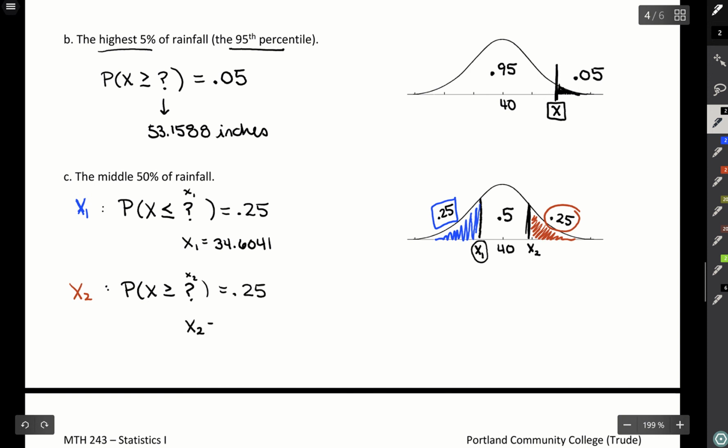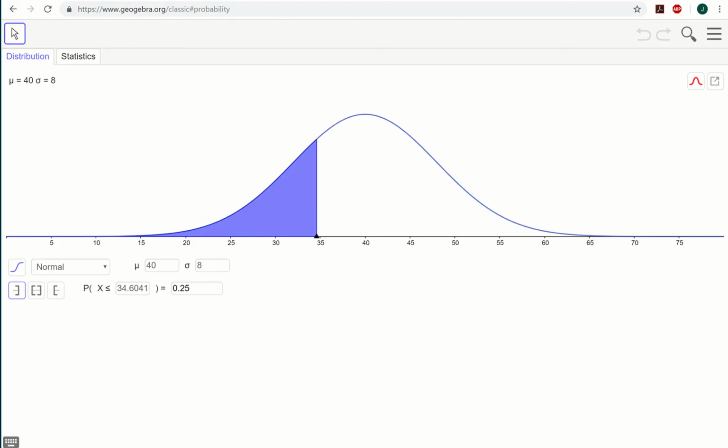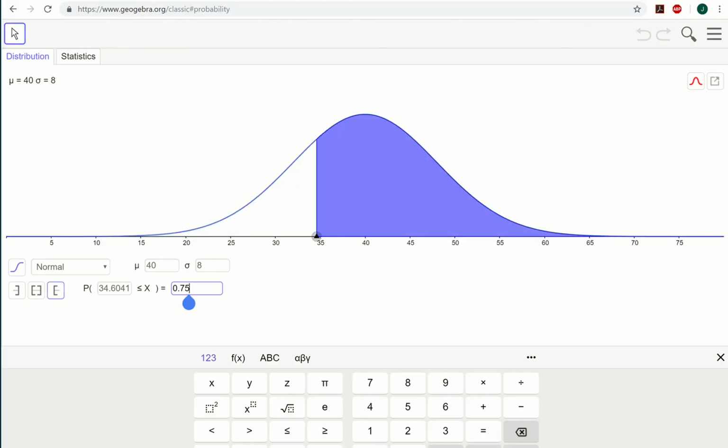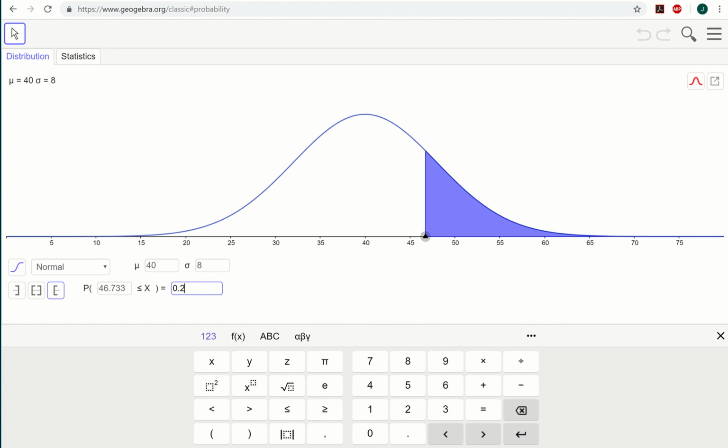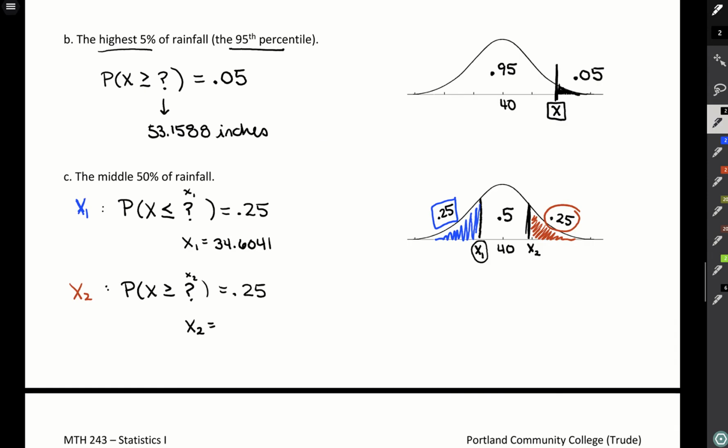So going to GeoGebra, making an area to the right of 0.25, and that's 45.3959. So what we ended up doing is we found these two values that make a middle 50%.